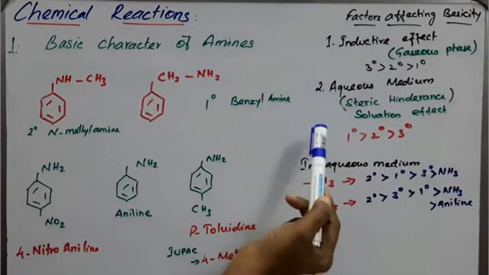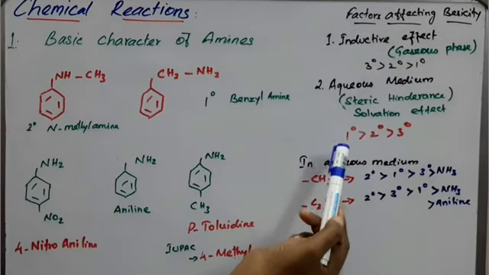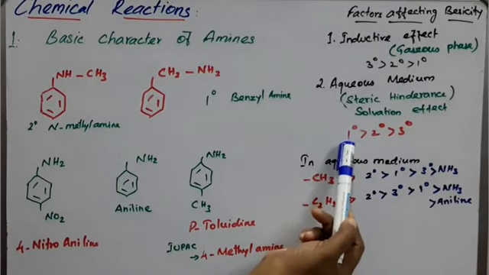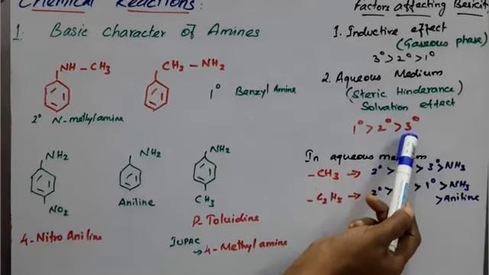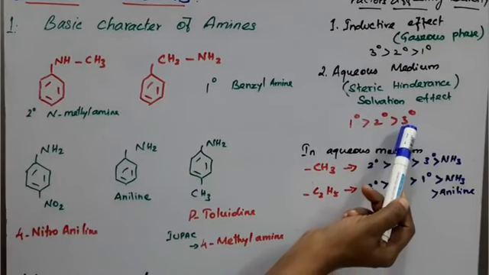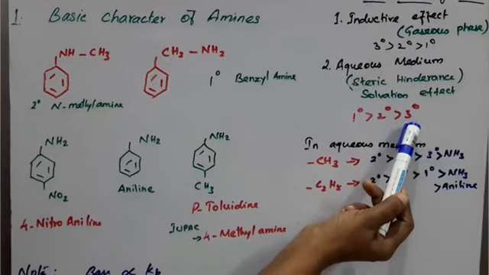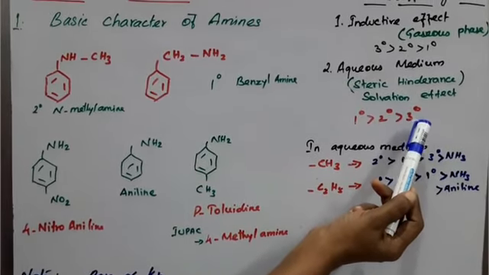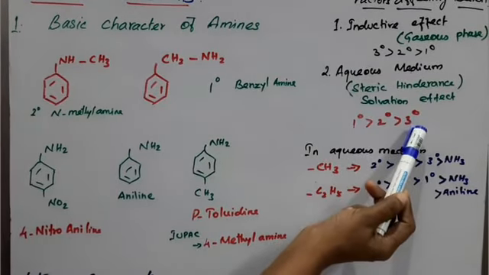When the H plus proton is accepted, the primary gives a more highly substituted ammonium cation, so it is a stronger base. In tertiary there is steric hindrance, so this is the least one. For the solvation effect also, the charge and the capacity decrease completely in tertiary. The primary is the most and the tertiary would be the least.